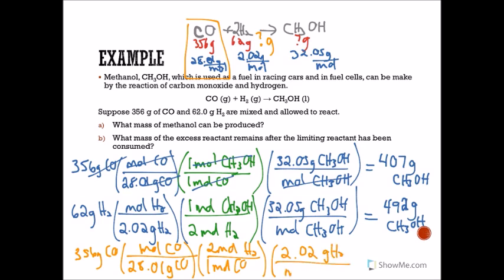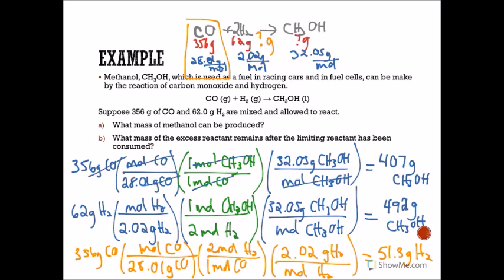We use our molar mass of hydrogen, 2.02 grams per mole of hydrogen, and 356 times 2 times 2.02 divided by 28.01, we get 51.3 grams of hydrogen. So we only needed 51.3 grams of hydrogen, but we actually had 62 grams of hydrogen.